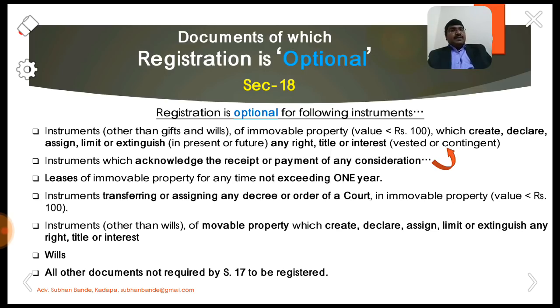According to Section 18, instruments other than gifts and wills of immovable property of value less than 100 rupees, which create, declare, assign, limit or extinguish in present or future any right, title or interest, whether such interest is vested or contingent, registration is optional. Just remember this: value is less than 100 rupees.